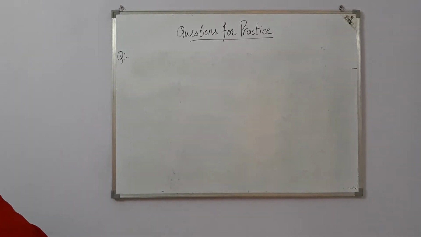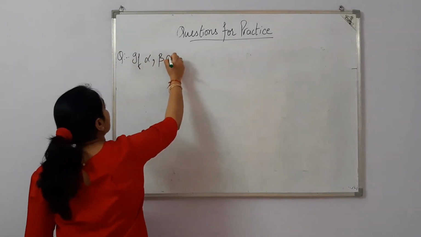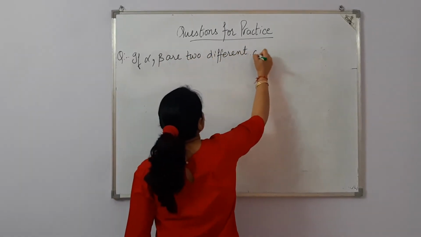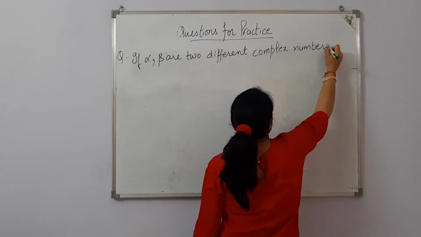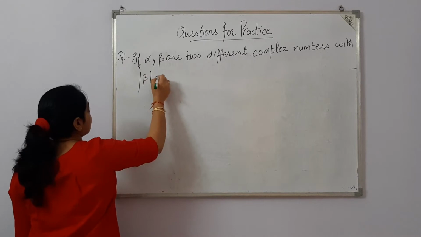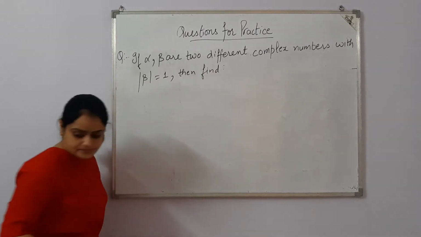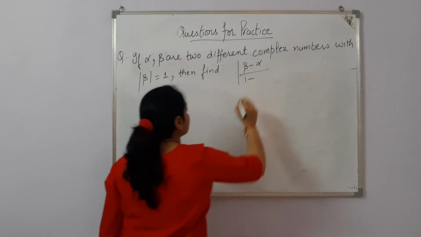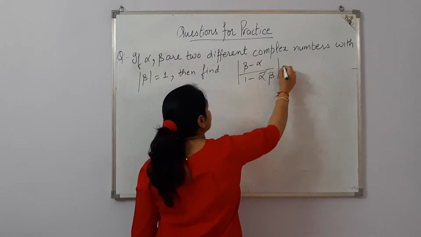Next question is saying, if alpha and beta are two different complex numbers with modulus of beta equal to 1, then find modulus of beta minus alpha upon 1 minus alpha conjugate beta.